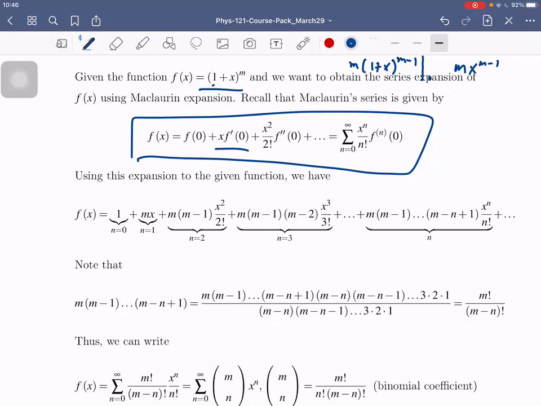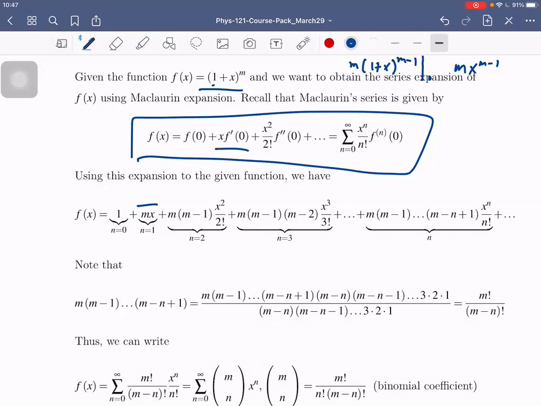And kung x naman yun, ano pwede mangyari? We can just write yung exponent as 1. So we have m, x.